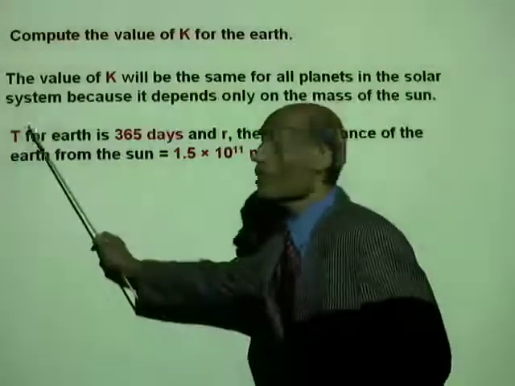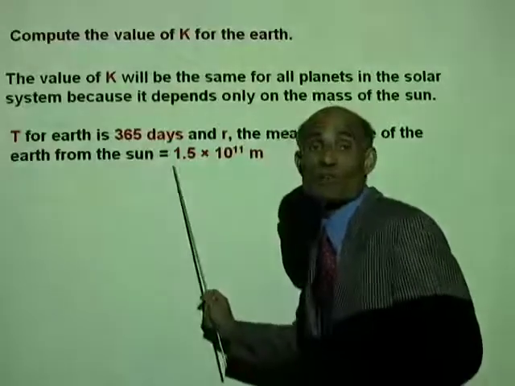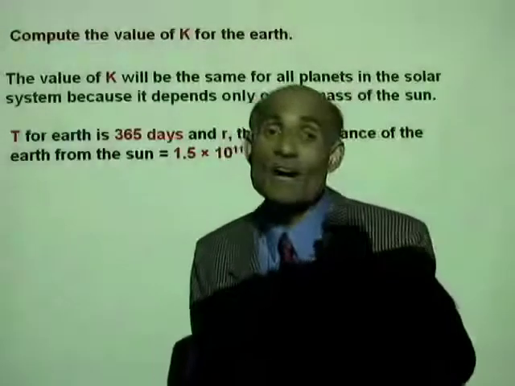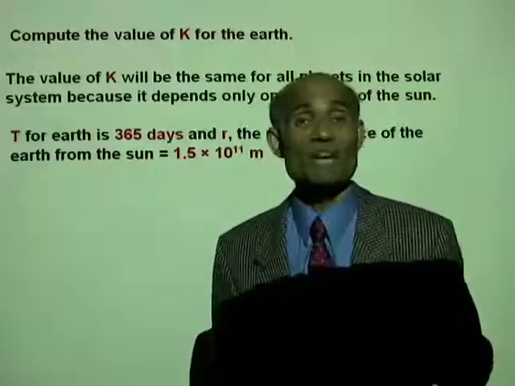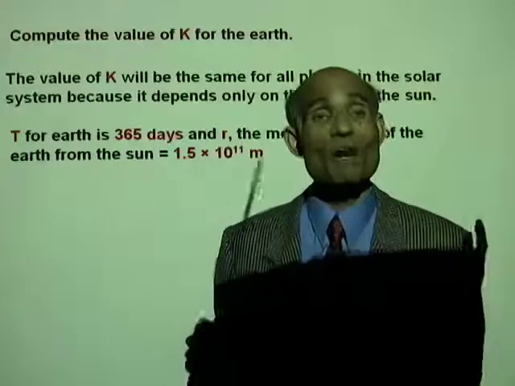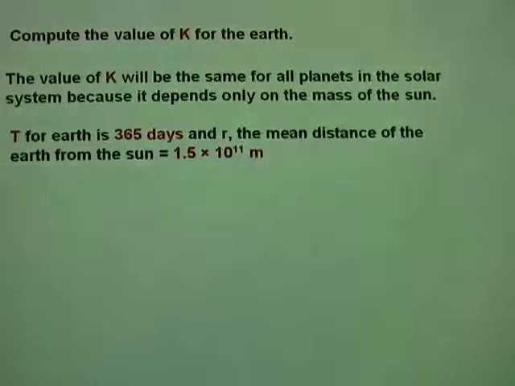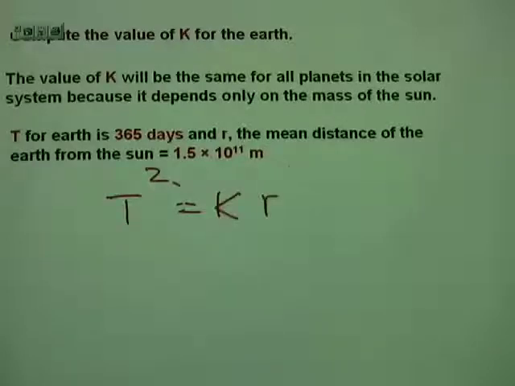So, we know the period of the Earth, we know the average distance of the Earth from the Sun. So, can you calculate K for Earth? You can calculate it from this equation right away. We know that the square of the period is equal to K times the cube of the average distance of the planet.